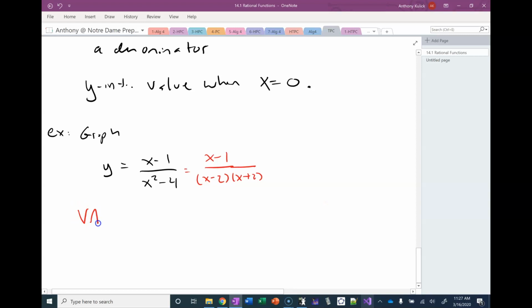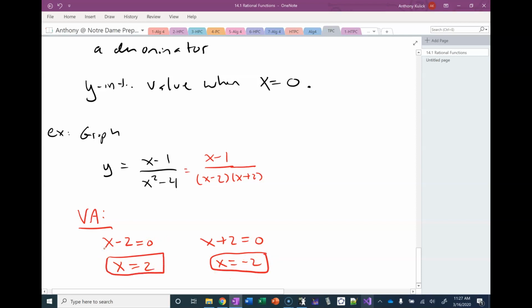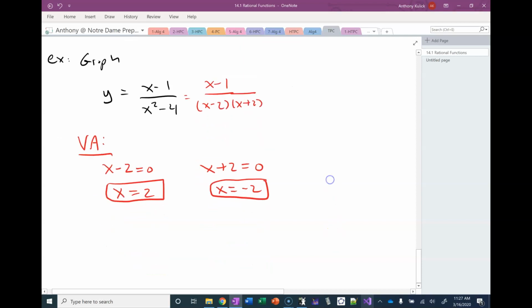So let's find the vertical asymptotes first. I can get those by just setting the things in the denominator equal to 0 and solving to give me vertical asymptotes at 2 and negative 2. The next thing we'll look for is our end behaviors.